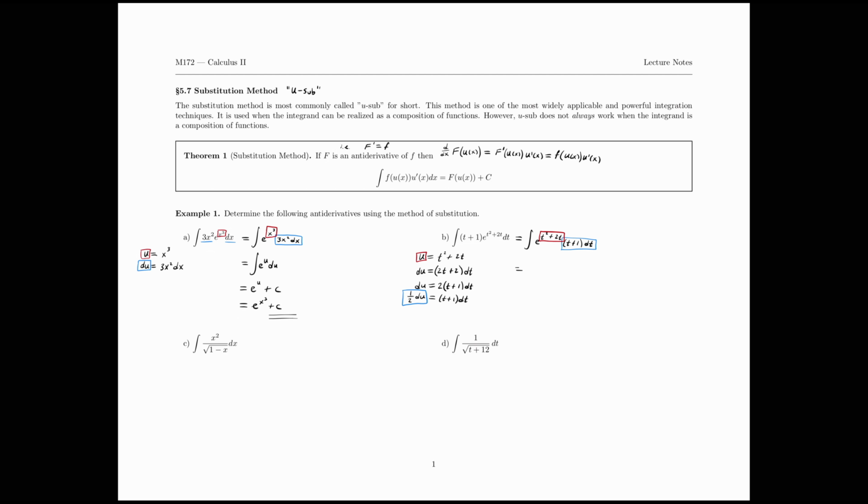So then this becomes the integral e to the u, and then this t plus 1 dt becomes a 1/2 du. So 1/2 integral e to the u du. So this becomes 1/2 e to the u plus c, and of course we'll back substitute, so e to the, what was u? u was t squared plus 2t plus c.